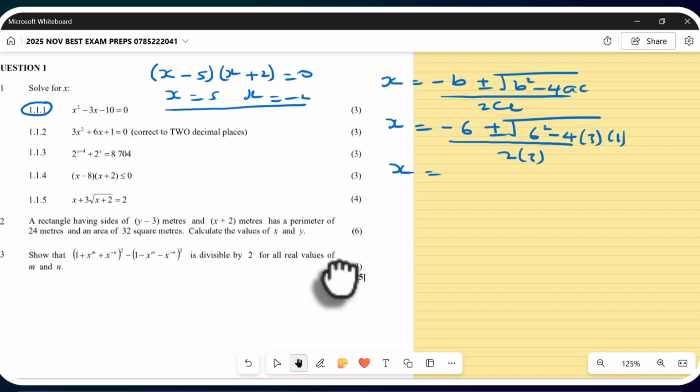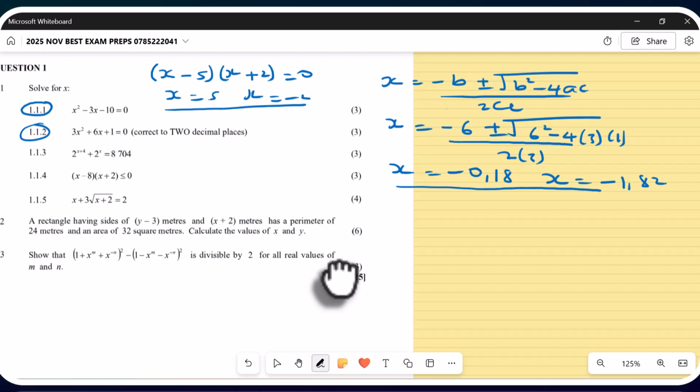The next question here, 1.1.3. This one I'm going to do like this. This is 2 to the power 4, times 2 to the power x, plus 1 times 2 to the power x, equals 8704.